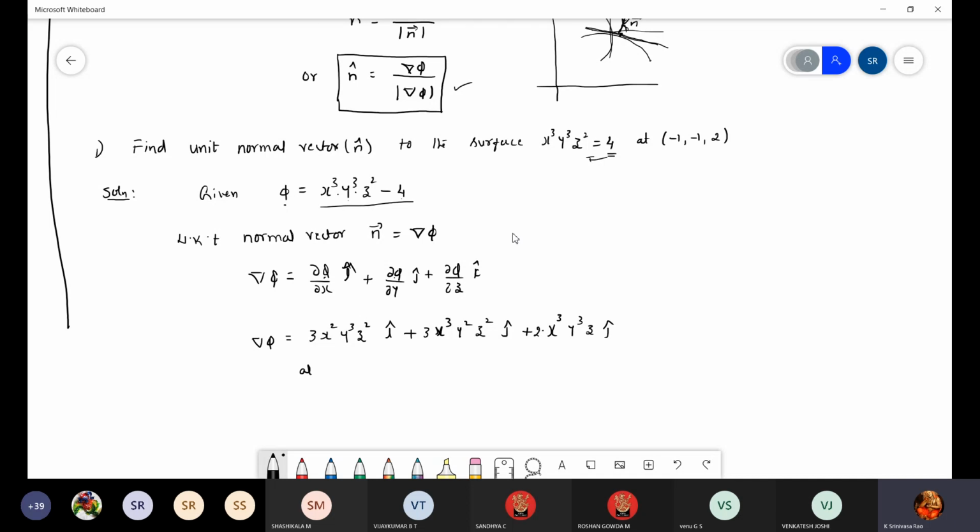But now you have to substitute the point. It is given x equals -1, y equals -1, and z equals 2. What is grad phi equals? I want the final answer, because in the previous two problems I explained how to solve after substitution of the numbers. Now I want it from your side.